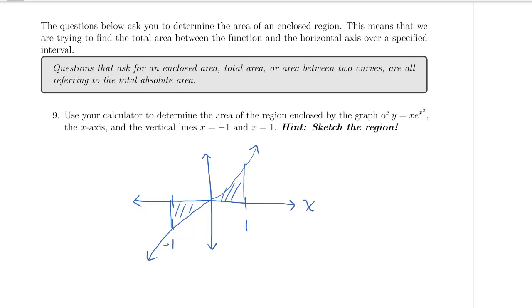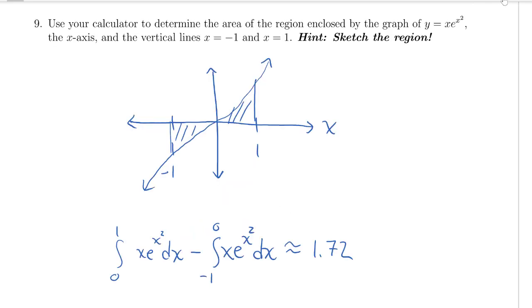Or we could split this up into two integrals and just change the sign. So we could integrate from -1 to 0, and we'll get a negative number, and we can just change the sign of that number and then add that to the integral from 0 to 1. So you can see that here the first integral from 0 to 1 would be the shaded region above the x-axis, and the integral from -1 to 0 would be the shaded region below the x-axis.